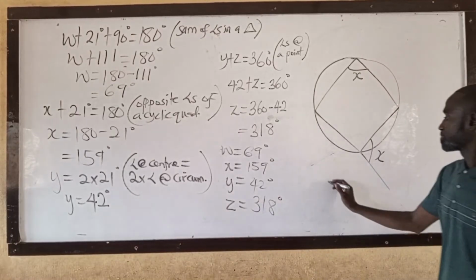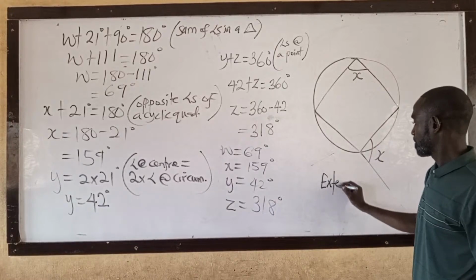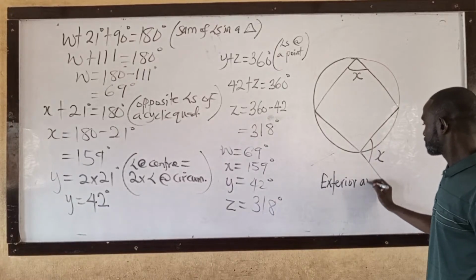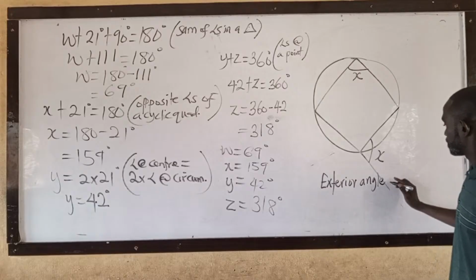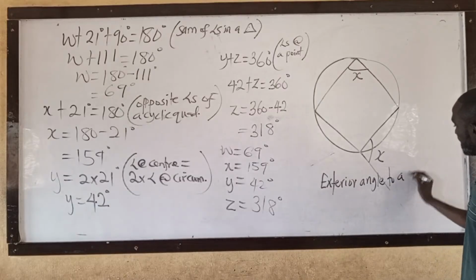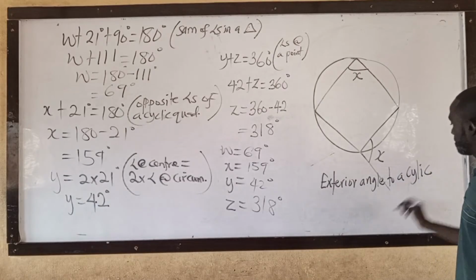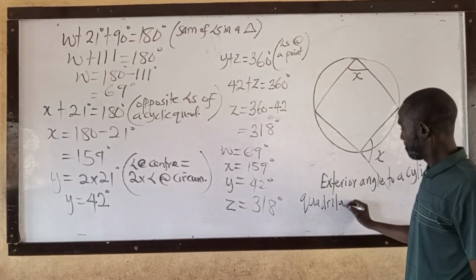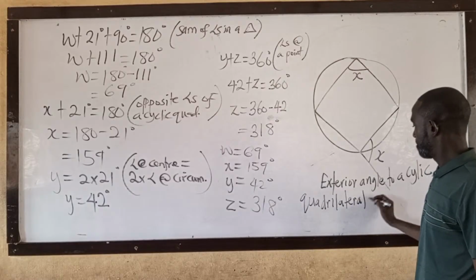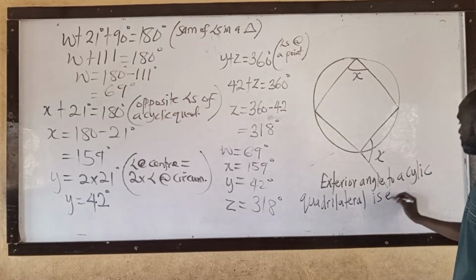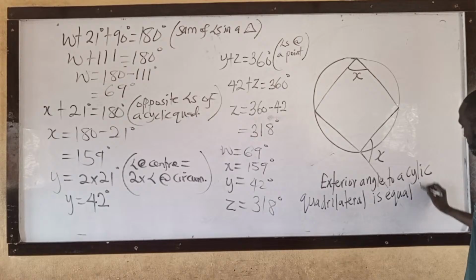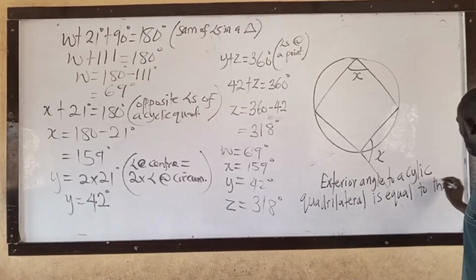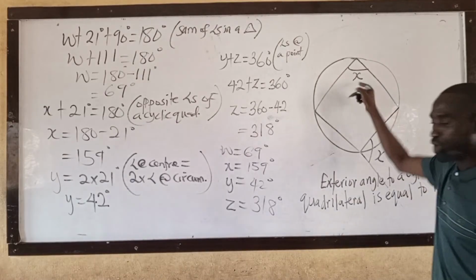The exterior angle to a cyclic quadrilateral is equal to the opposite interior angle.